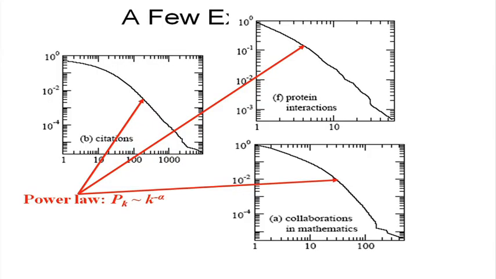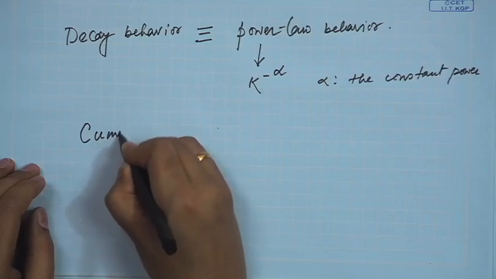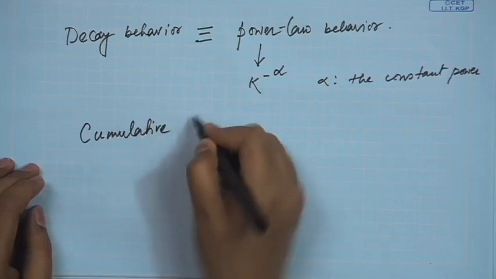Since these are real world data, in many cases while gathering the data there is some noise incorporated. So, sometimes in order to smooth out the degree distribution functions, rather than looking into the density function, you look into the cumulative distribution function, the cumulative degree distribution.